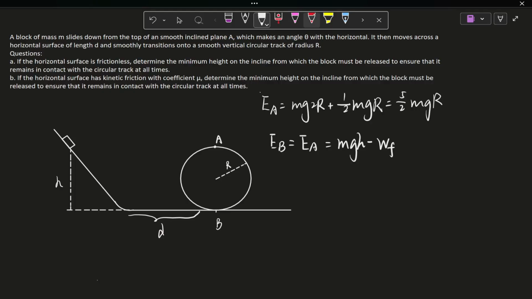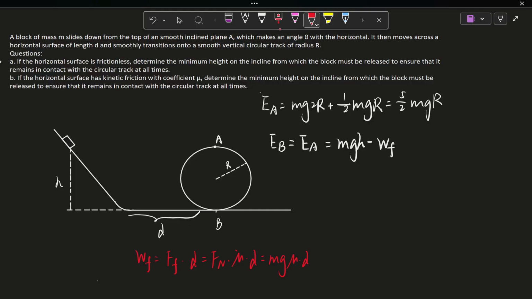The work done by friction here would just be the friction force times d, and it's equal to Fn times mu times d. And since it's a horizontal surface, the normal force will just equal mg. So the work done by the friction force would just be mg mu times d.